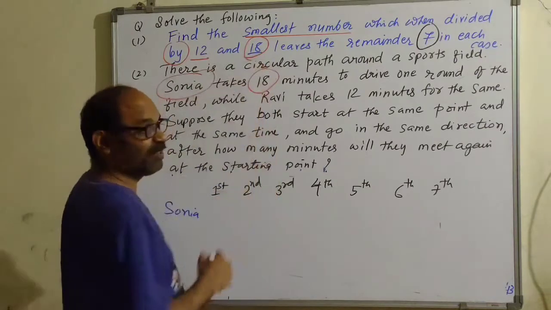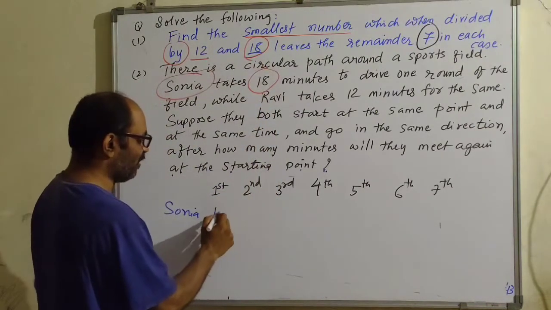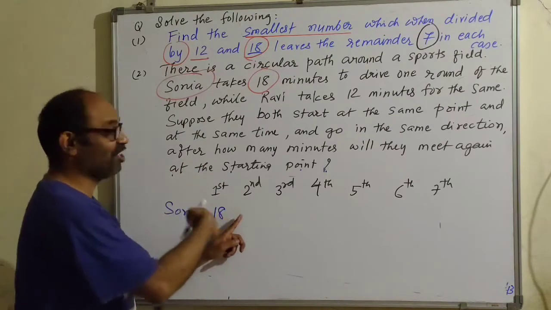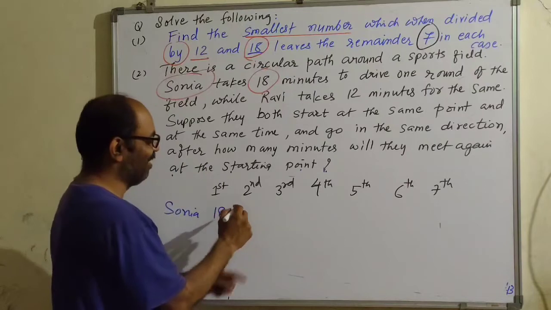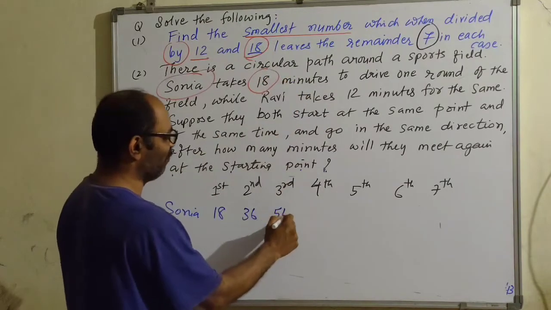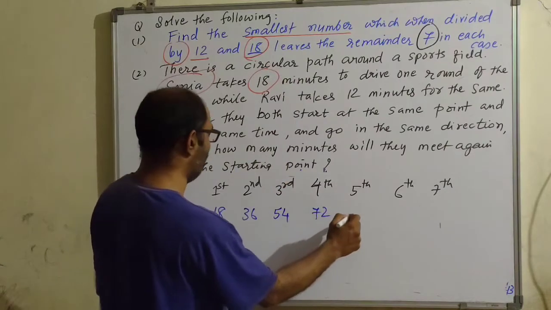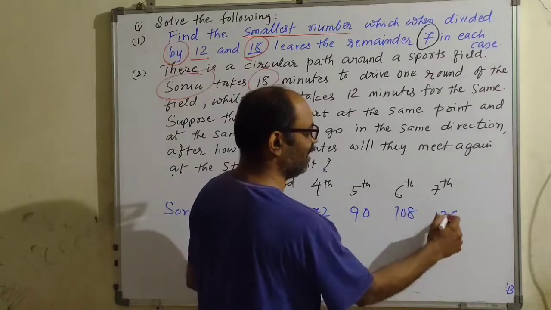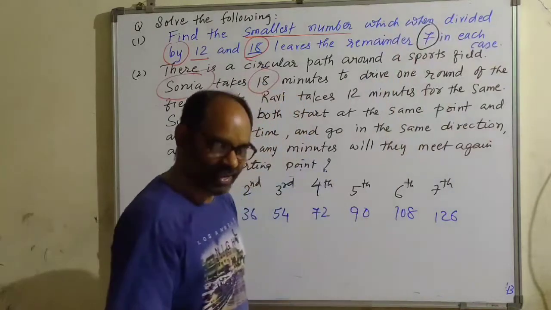She completes a round after 18 minutes. So when she completes the first round, she has taken 18 minutes. When she completes the second round, she has taken 18 plus 18, 36. Multiples of 18 start: 54, 72, 90, 108, 126. If we go further, the time will increase.